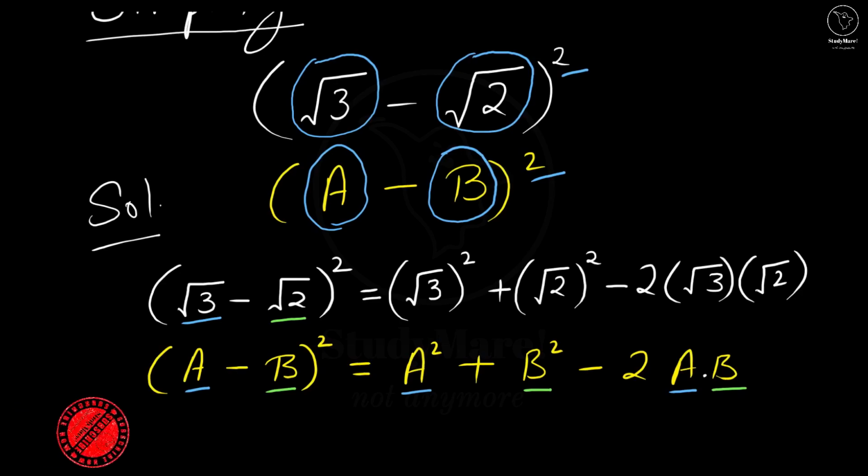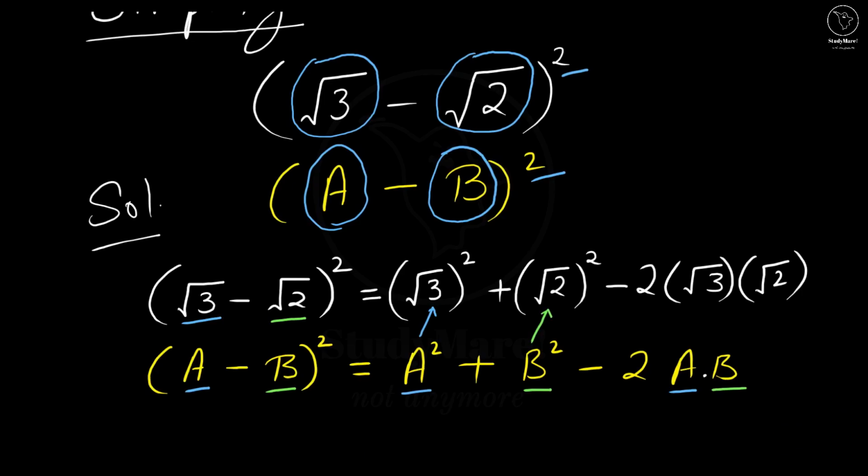Now if you look at this, we have simply substituted the values of a and b in the identity as it is. Like here it was a and we have written root 3 in place of a because a is equal to root 3. Same way here we have written root 2 in place of b as it is.